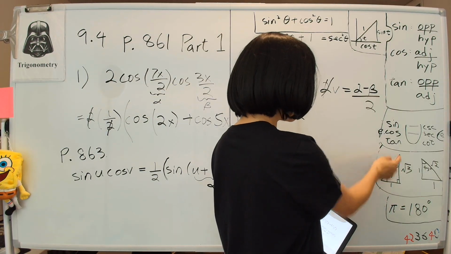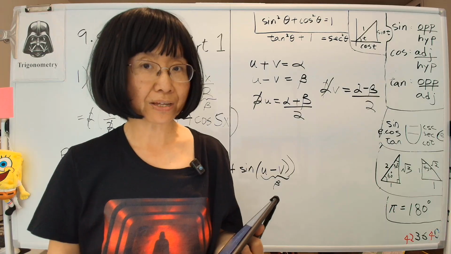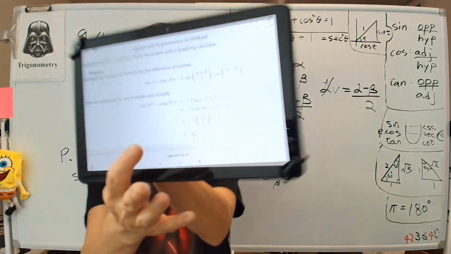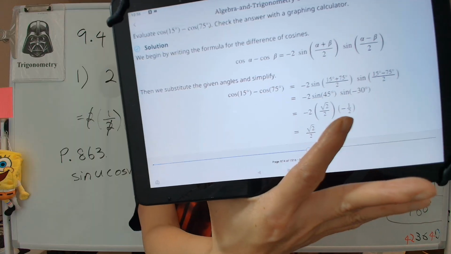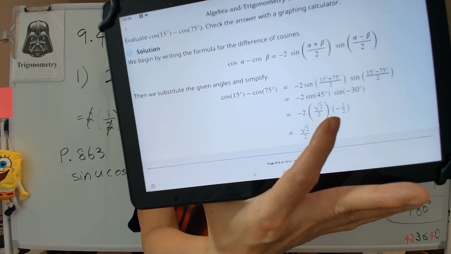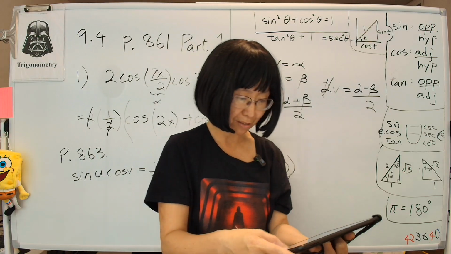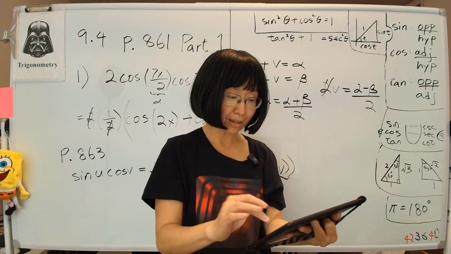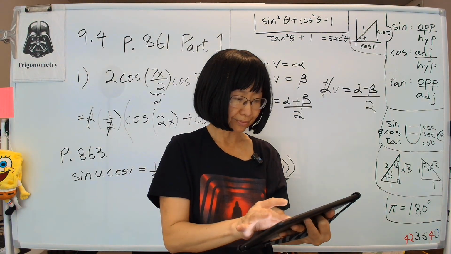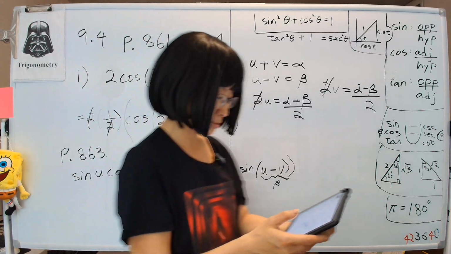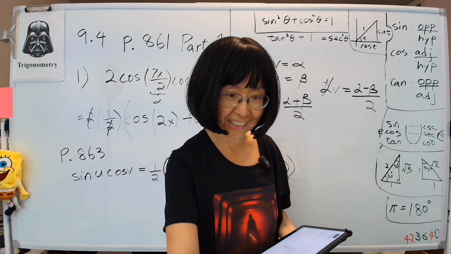But for a sine of a negative angle you have to take the negative sign out because sine is an odd function. So the negative sign got taken out, so it becomes minus 1/2, and multiply this stuff, and some answer comes out. So that's example 5. Please do that yourself. And then next, let's consider example 6, after I clean off the board.